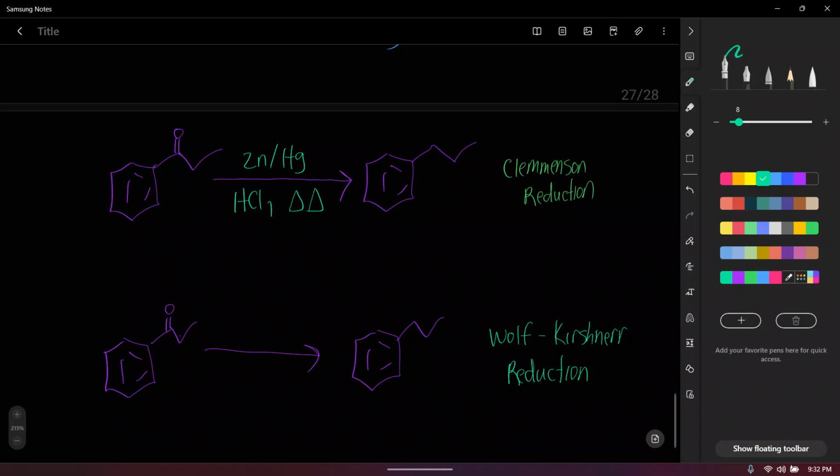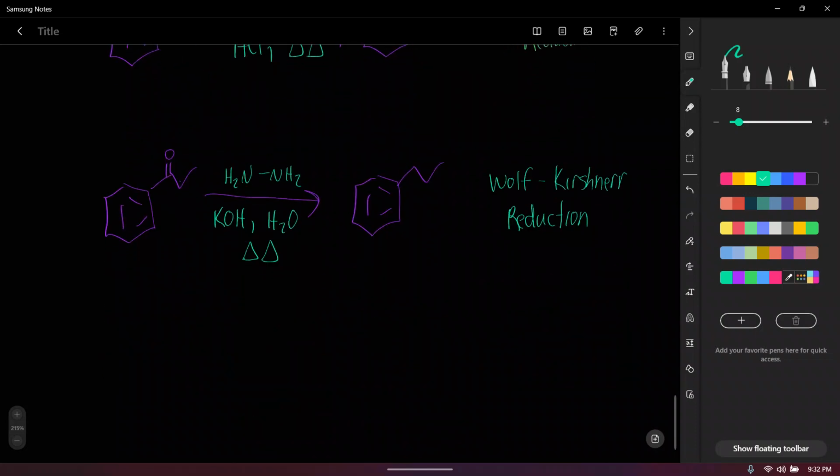And then a Wolff-Kishner reduction is a special molecule, which is just two NH2 groups linked together, with potassium hydroxide, water, and also a lot of heat. But that will allow you to get the actual alkyl chain that you initially wanted.